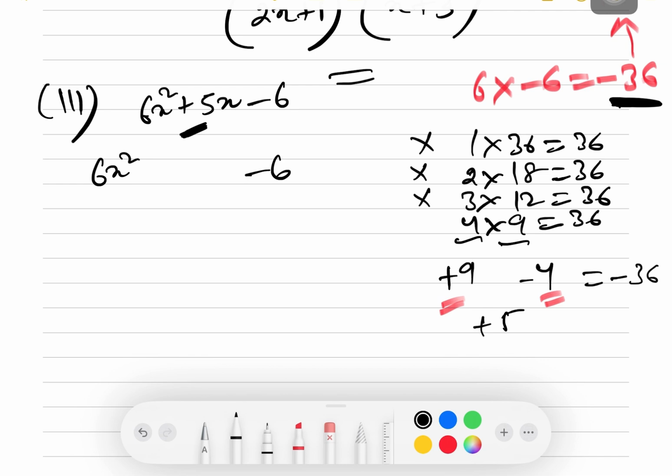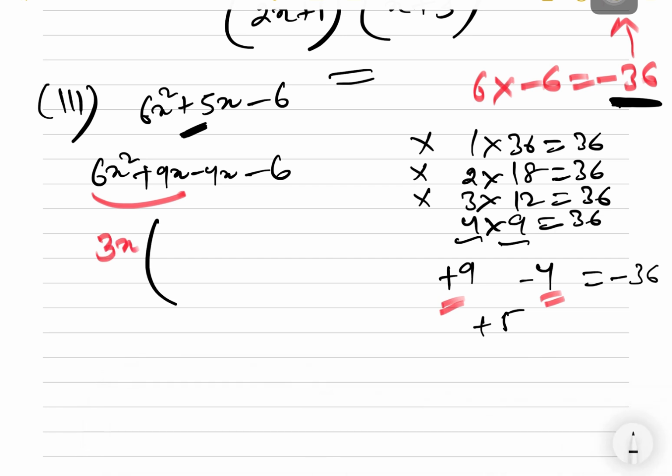Now first term as it is, last term as it is, and instead of plus 5x I can write plus 9x minus 4x. Now in the first two terms, what is the highest thing I can take common? 6 and 9, they both are in the 3 table, they both are divisible by 3, so the common number will be 3, and even one variable x will be common.